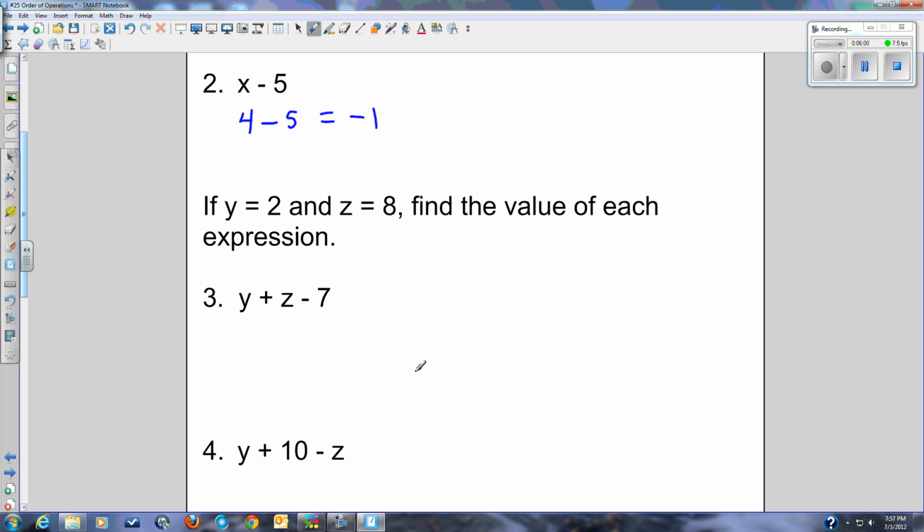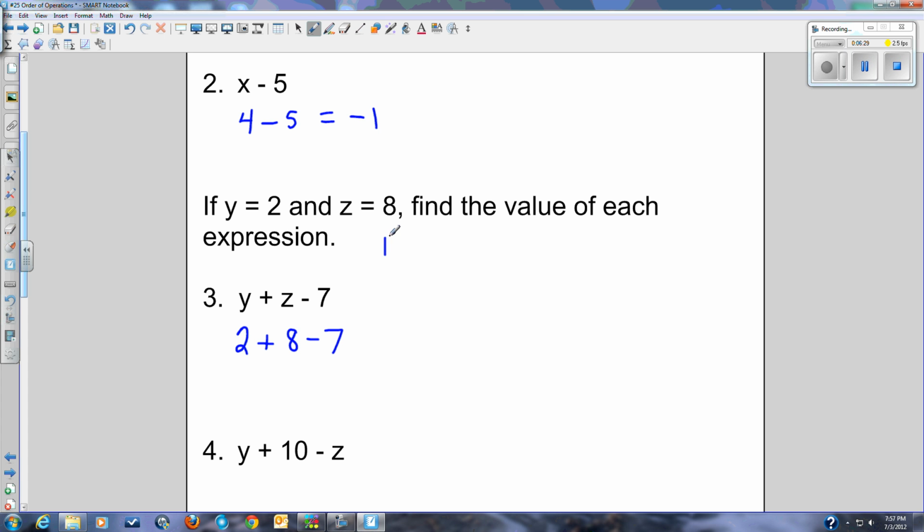Next, let's say we have this information. If y equals 2 and z equals 8, find the value of each expression. Well, we have y plus z minus 7. So let's plug in our numbers. 2 goes in place of y, z is 8, and we subtract 7.